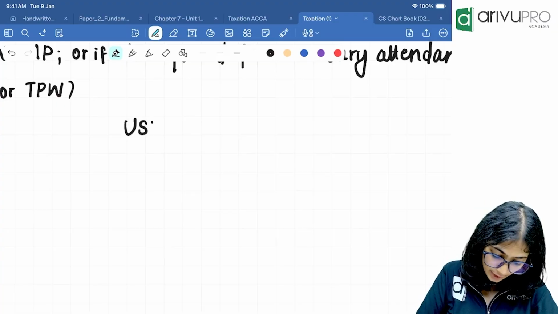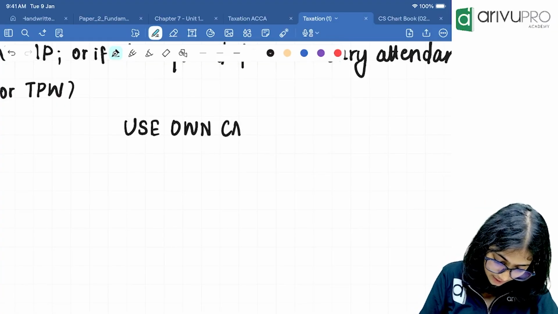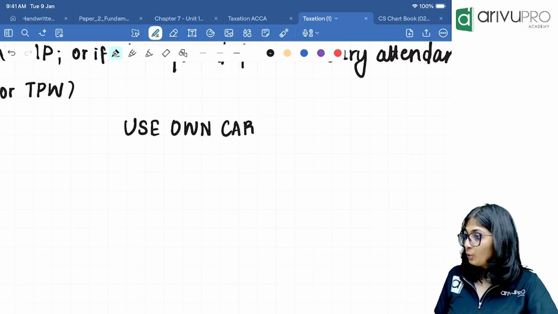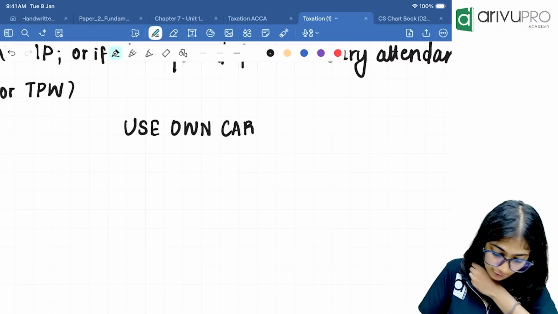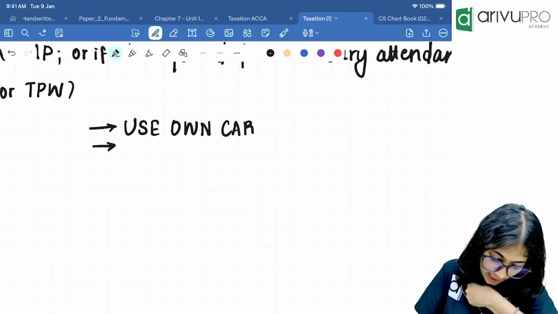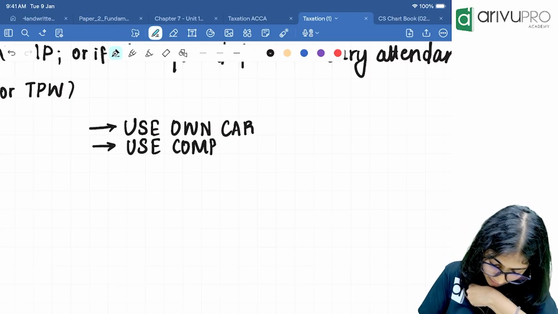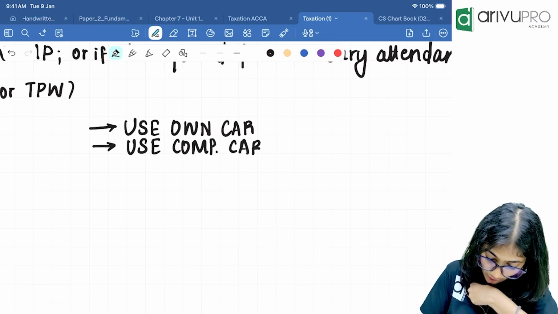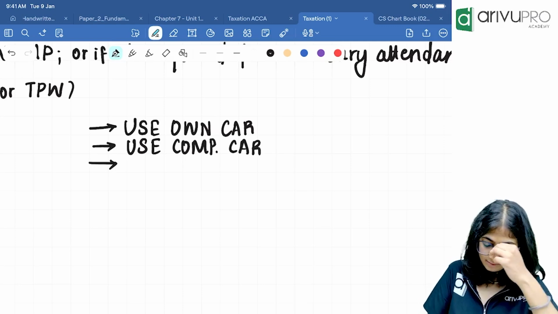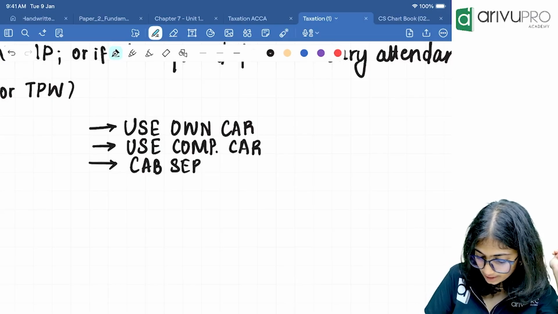First, you are using your own car, or you are using a company car, or you are getting cab service. These are the 3 possibilities.